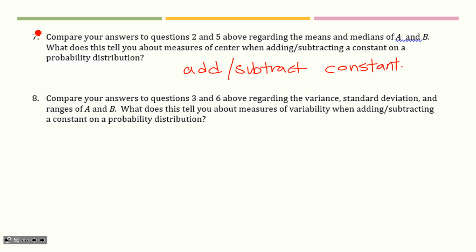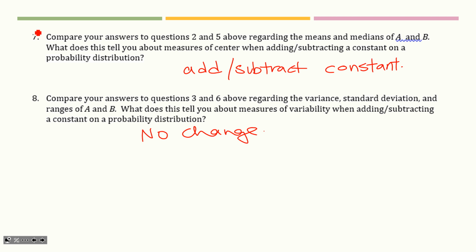But now look at question number 8 here. It says compare your answers to questions 3 and 6 above regarding measures of variability: the variance, standard deviation, range. Did the ranges change? They didn't change at all. And why? Think about it.